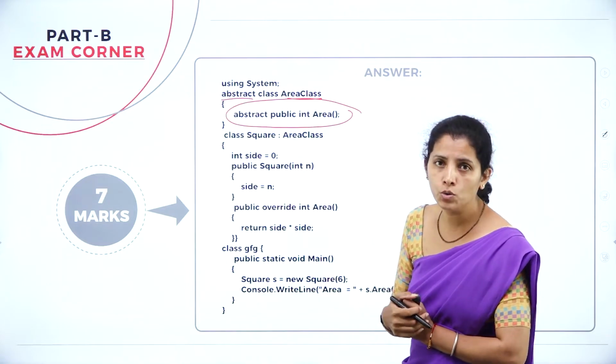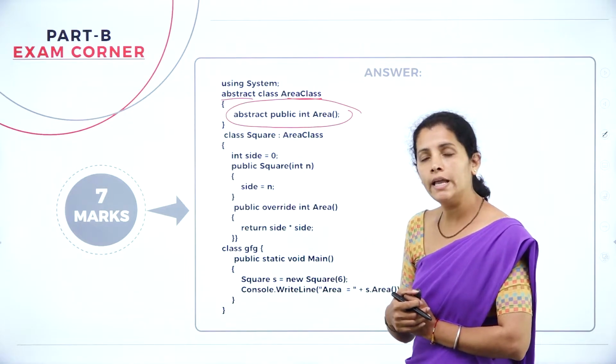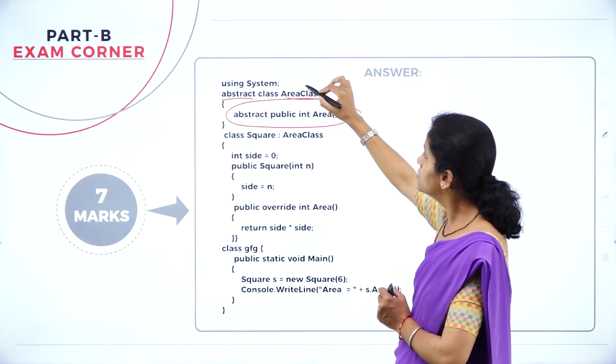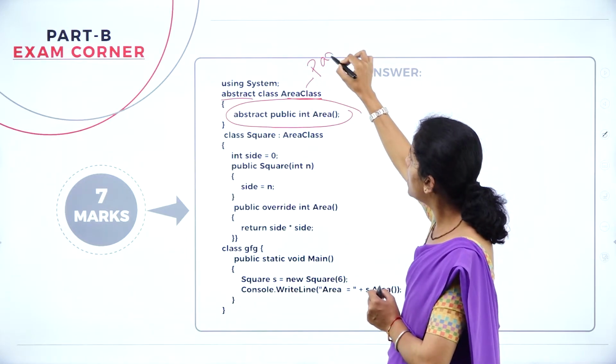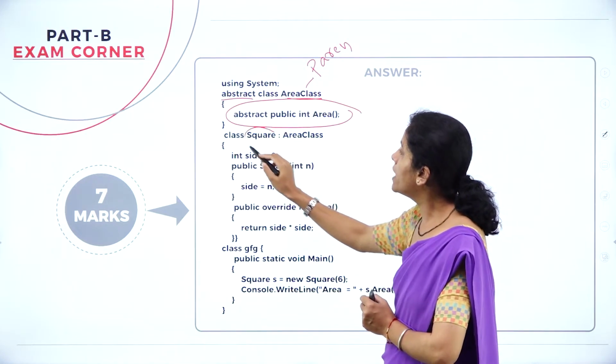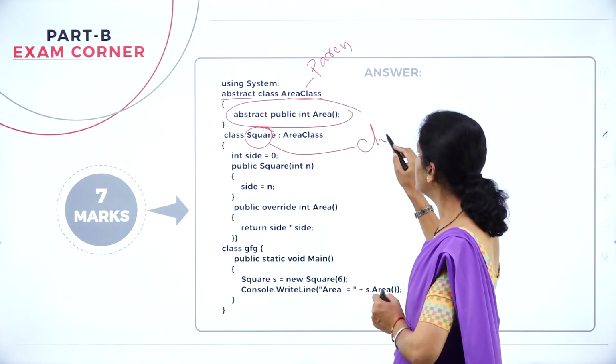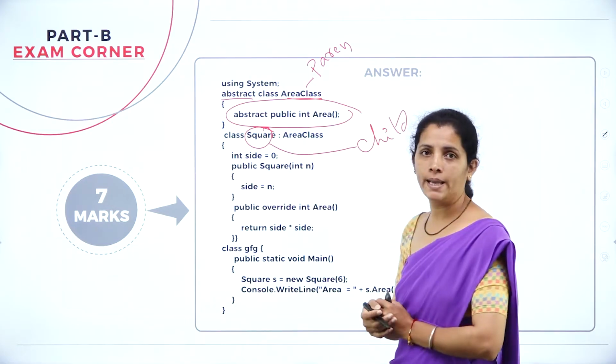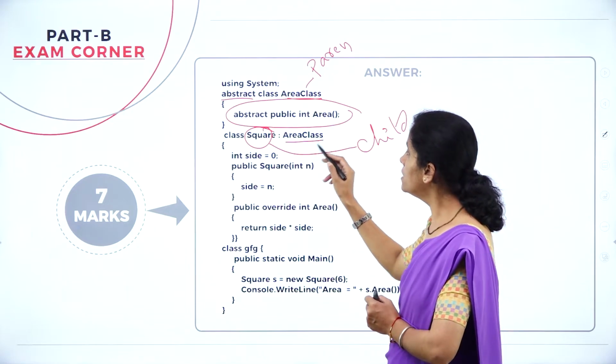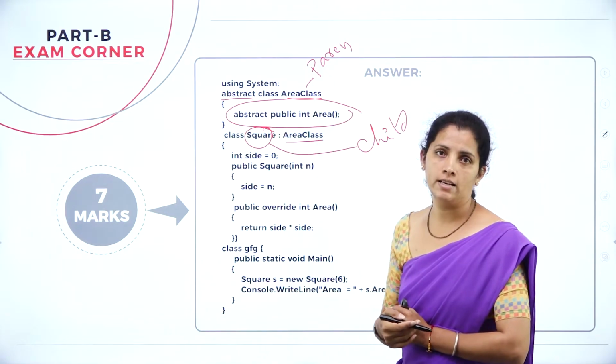Now what I want to do is just inherit this class. So this is my parent class now. This Square is nothing but my child class. Now I'm going to inherit parent to my child.